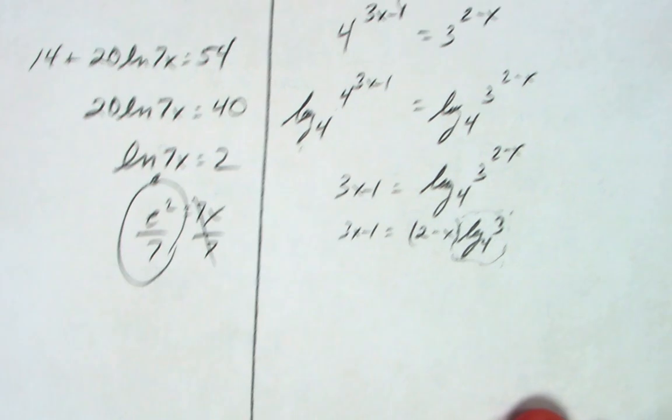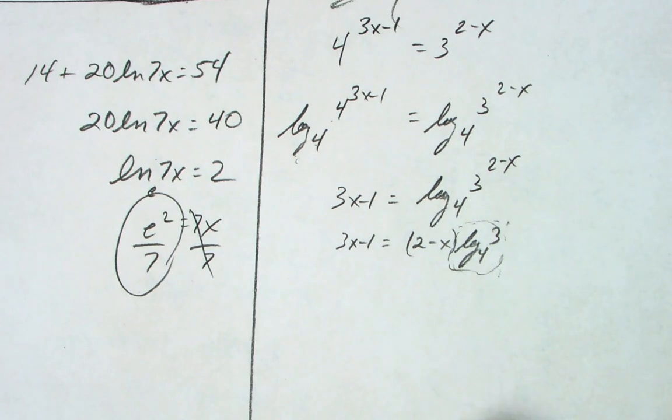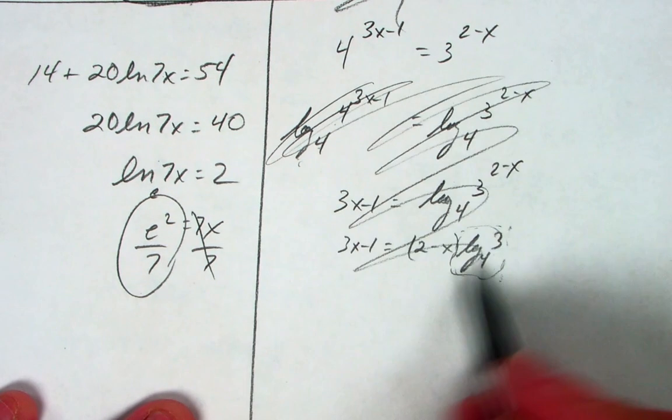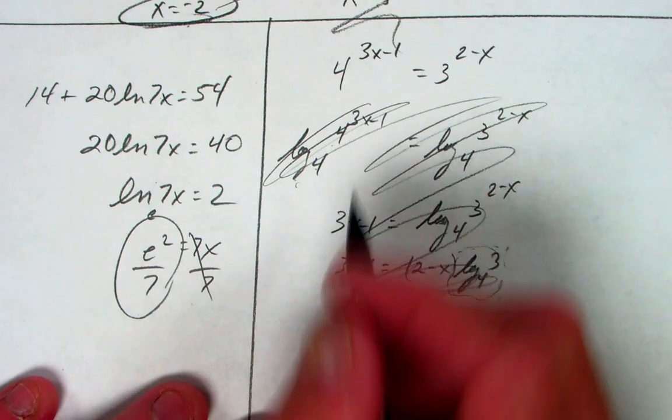This would work, but the book's got a better idea. You know what? The book's method and my method are both really the same, but the book's method is actually going to be a little cleaner. Okay? Let's do the book's method. And I could show you how they're the same, but here's what we're going to do.